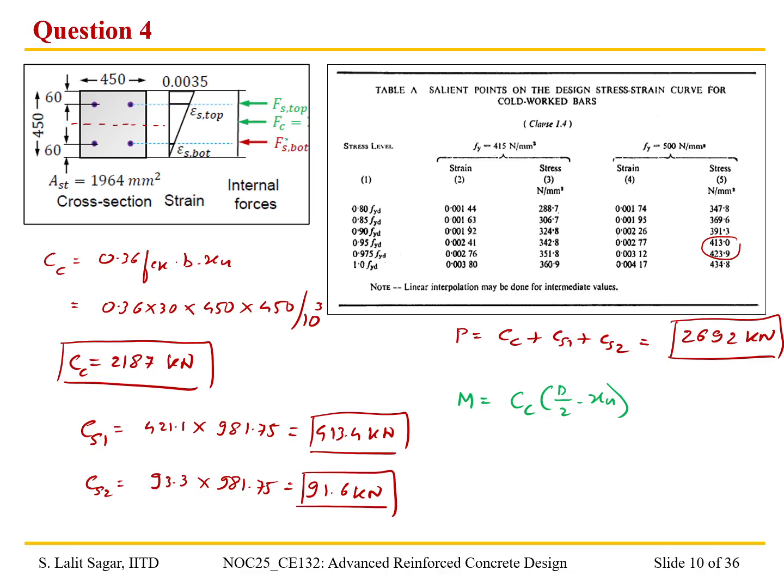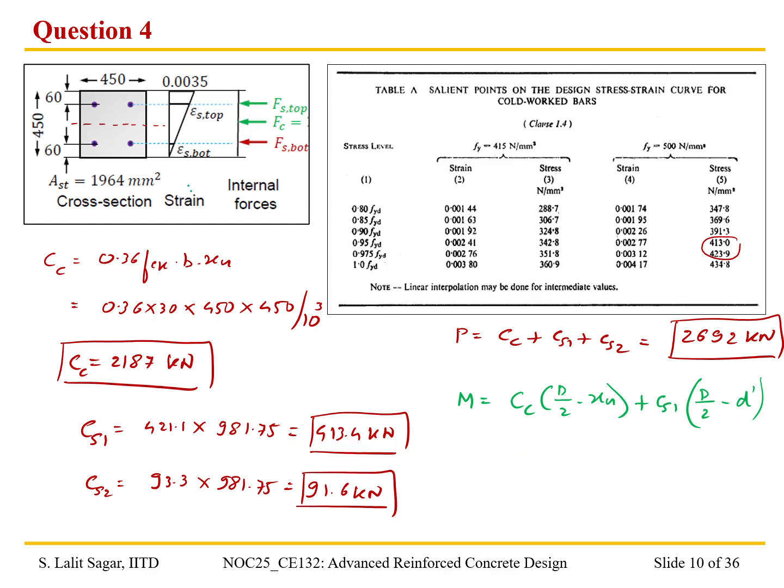And then we need to add the moment due to CS1 into D by 2 minus D prime. D prime is the effective cover.